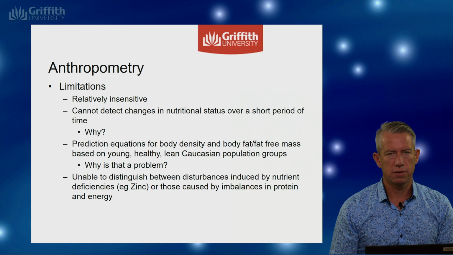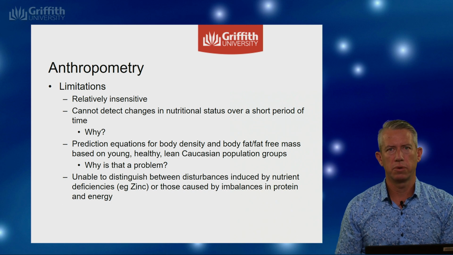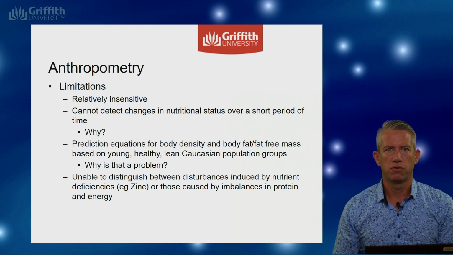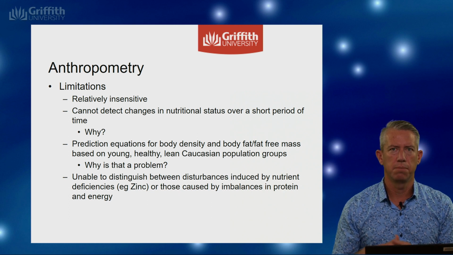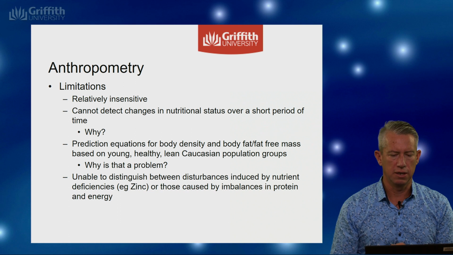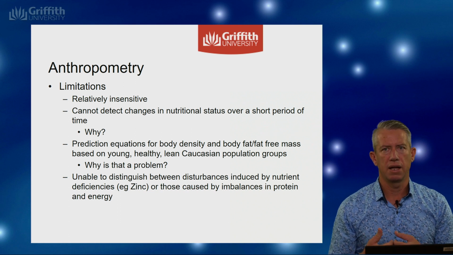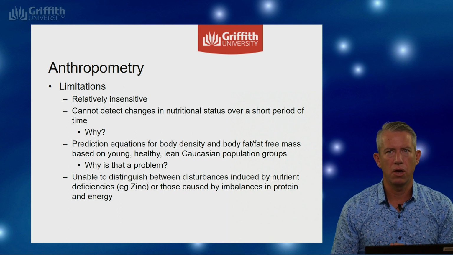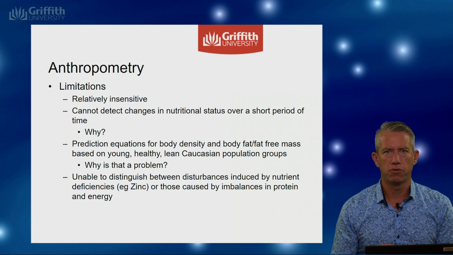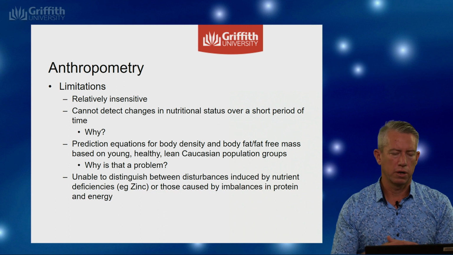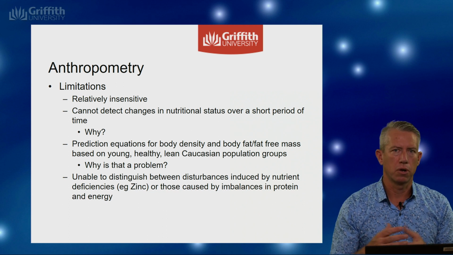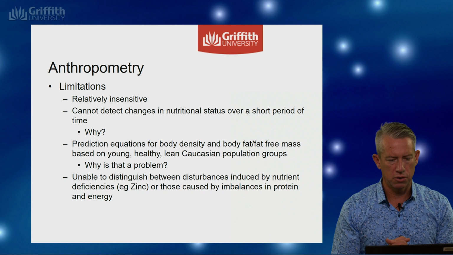And the final one there says it's unable to distinguish between disturbances induced by nutrient deficiencies and those caused by imbalances in protein and energy. And so we often can't, through anthropometry alone, identify a particular nutrient deficiency, more that somebody might be on a hypocaloric diet, or that they might be on a hypocaloric hypoproteinemic diet.